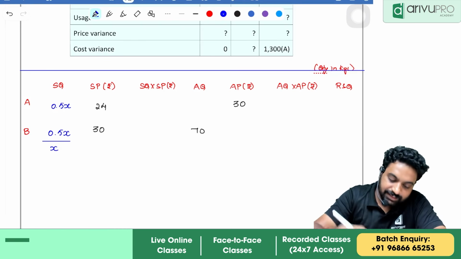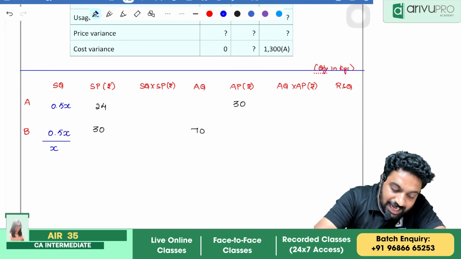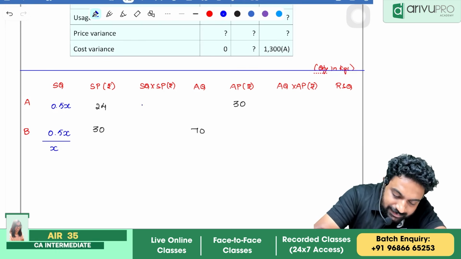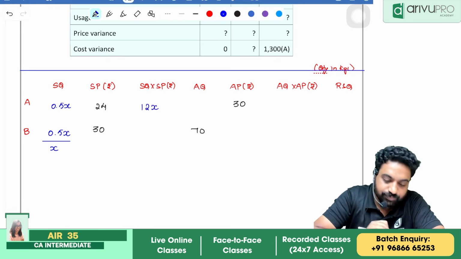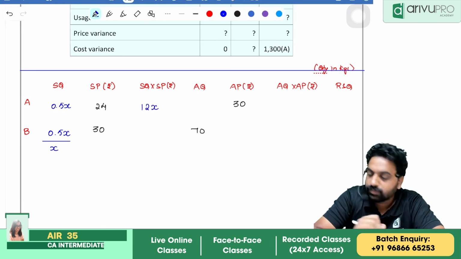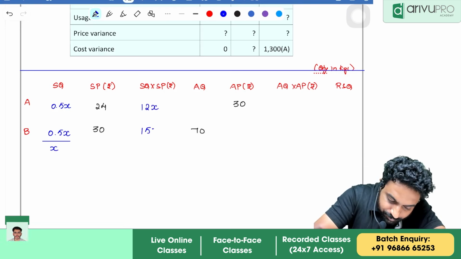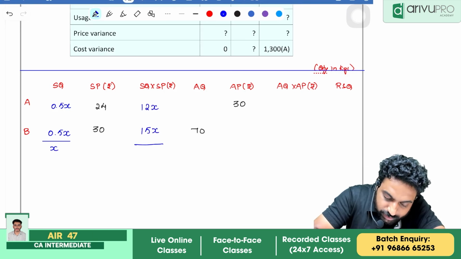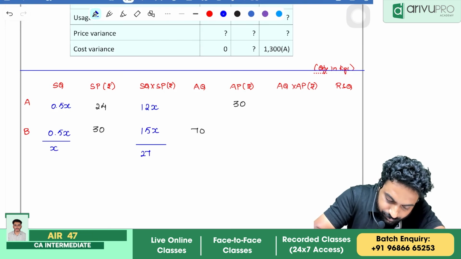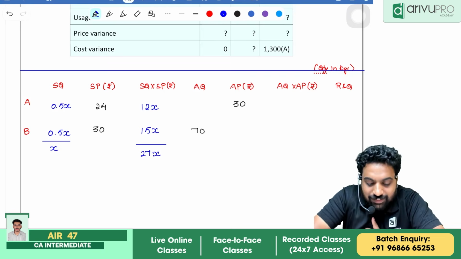Yes, done. Now, standard quantity into standard price. Can I say 12x, 15x? Can I say total is 27x? Yes.